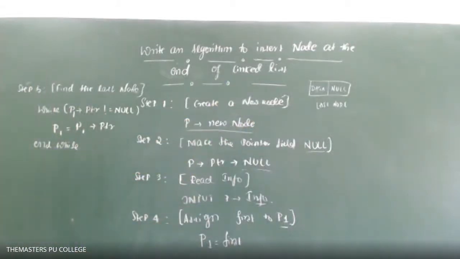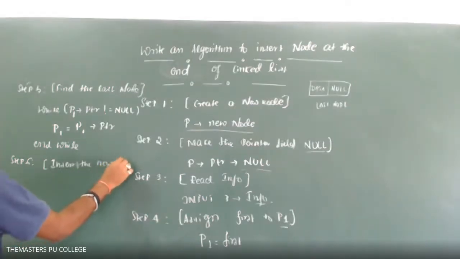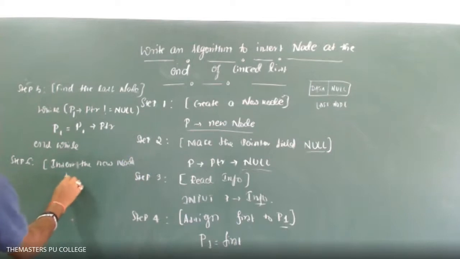Next, this is the end of while, and then step number 6, insert the new node to the end. Insert new node to the end.